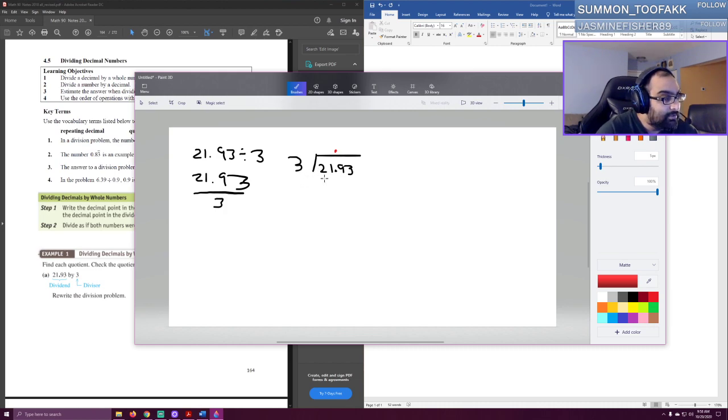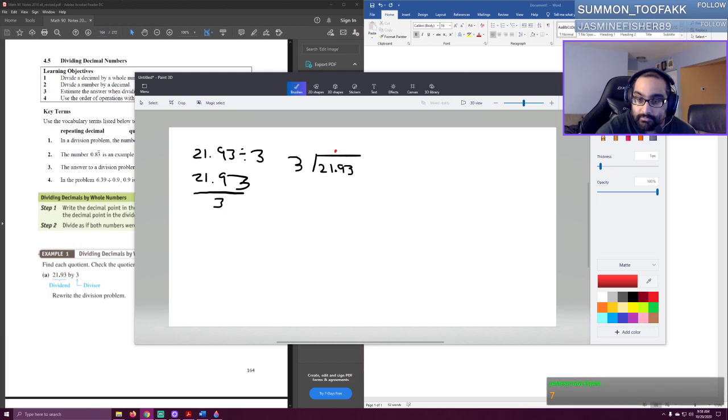We figure out how many times 3 goes into a certain amount of numbers. 3 doesn't go into 2, but how many times does 3 go into 21? 7, that's correct. 7 times 3 is 21, so we put a 7 up here.